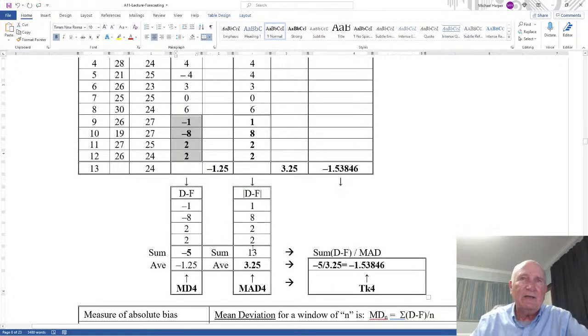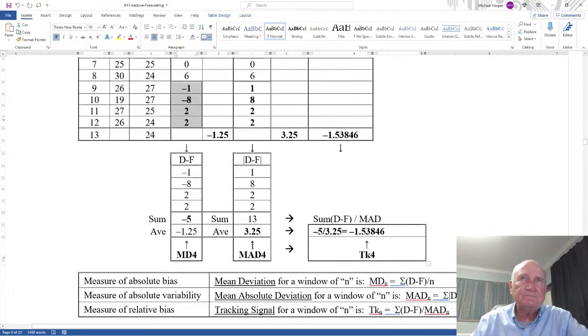Okay, let's bring them down here, and here they are. I bring the last 4 values down. The first thing I do is sum them and average them, and that's simply the mean deviation with a window of 4. I sum it, take the average, and there's my mean deviation.